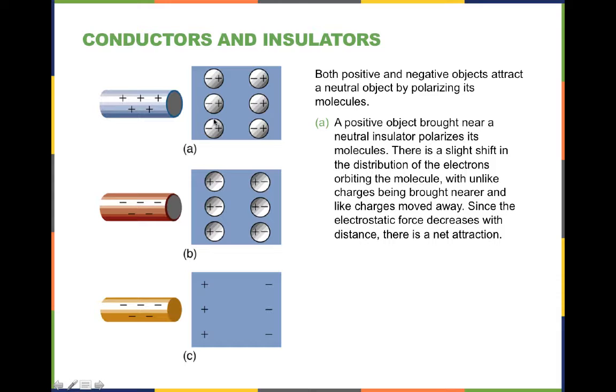Now, it's an insulator, so there's no free transfer of electrons. Instead of all the negatives being over here and all the positives over here, each molecule orients itself so that its negative end is toward the positive and its positive end is away from the positive. Conversely, if you move a negative object close, you end up orienting exactly the opposite way.